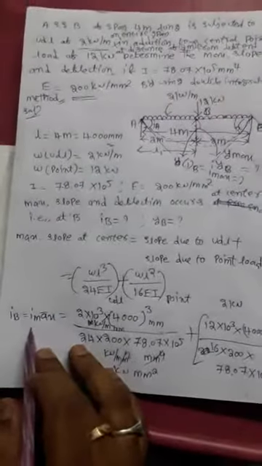After getting the maximum slope, you also need to find the maximum deflection, and you already know that maximum deflection occurs at B, the center point. So y B equals y maximum, which is the deflection due to UDL plus the deflection due to point load.